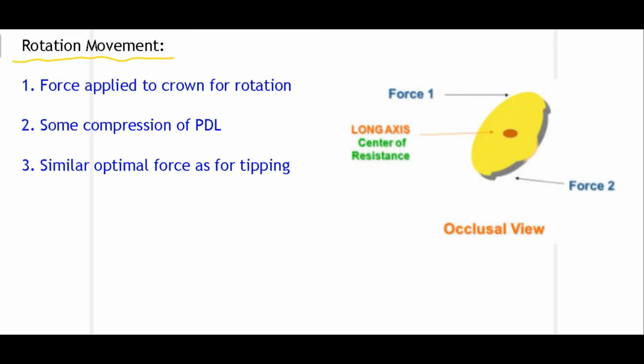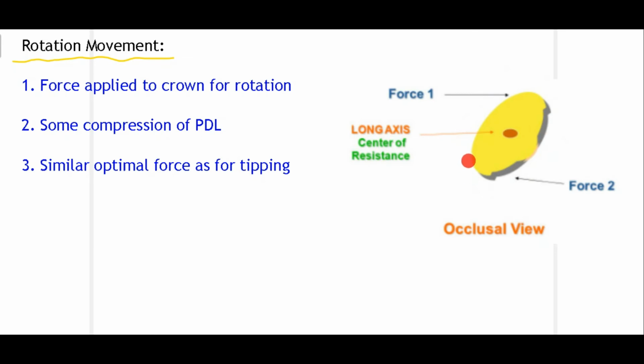Thirdly, we have rotation movement. In rotation movement, the crown moves around its center of axis. So you can see one force is applied over here, the second force is applied over here, and the crown and the root both rotate around the axis. In this case, you can see there is some compression of PDL as well, because PDL is attached all over the tooth.